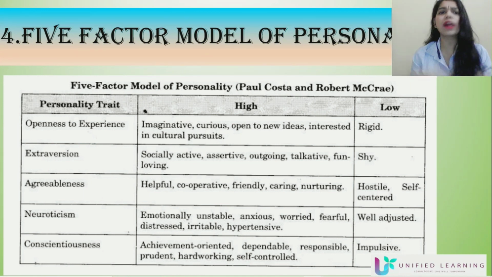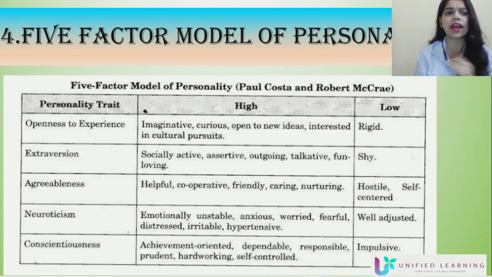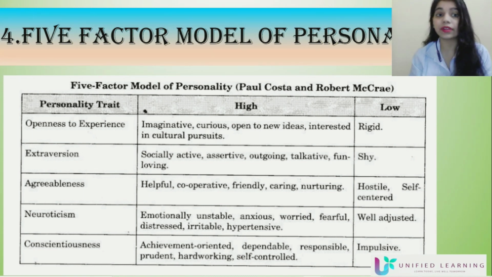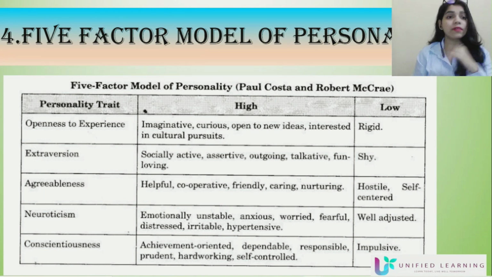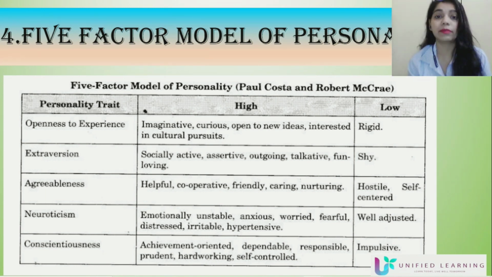A person who is high on a trait such as openness to experience will show traits such as being imaginative, curious, open to new ideas, and interested in cultural pursuits, and those who are low on this trait will show qualities such as rigidity. When we talk about the extroversion dimension, those high on this dimension will be socially active, assertive, outgoing, talkative, and fun loving.